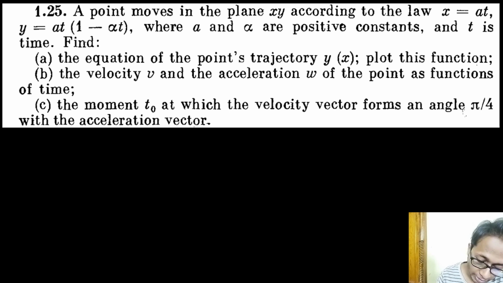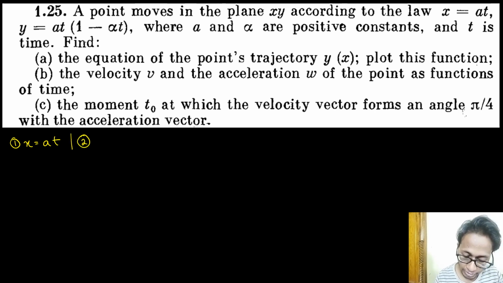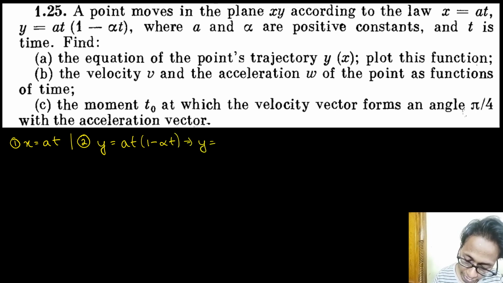And how do we do it? We write those two equations. x equals a t, this is equation number 1. Equation number 2 is y equals a t (1 minus alpha t), or y equals a t minus a alpha t square. Then we substitute the value of t in either equation. x equals a t, so if I send the a to the left hand side, x by a equals t.